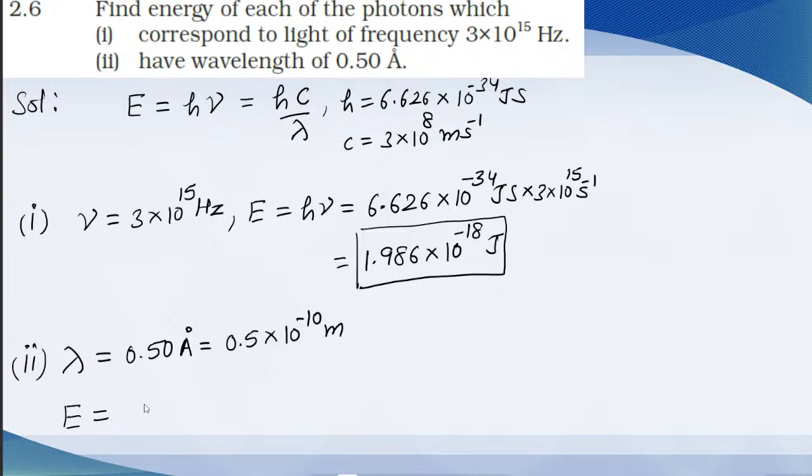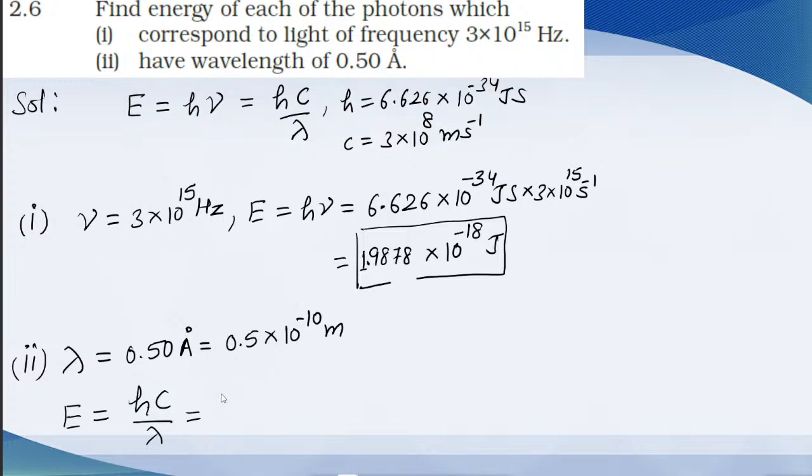And energy is equal to hc over lambda. 6.626 into 3, it is 19.878, so 1.9878 into 10 raised to power minus 18 joule.